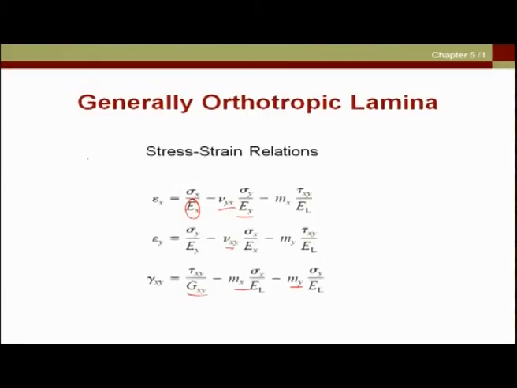So, this is consistent with our original stress strain relations, because here what we see is that when theta equals 0 or theta equals 90 degrees, our axis system will be aligned with the material axis of the system.